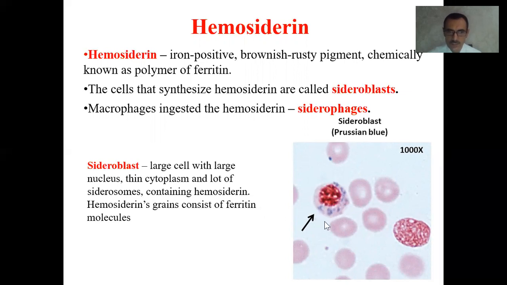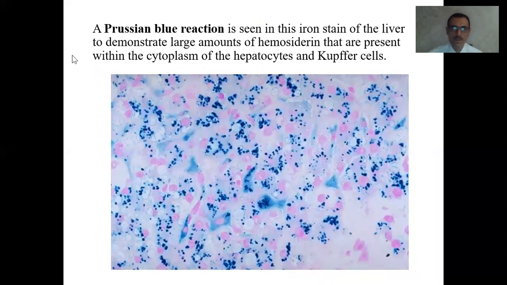And the hemosiderin grains consist of ferritin molecules. A Prussian blue reaction is seen in this iron stain of the liver to demonstrate a large amount of hemosiderin present within the cytoplasm of the hepatocytes and the Kupffer cells.